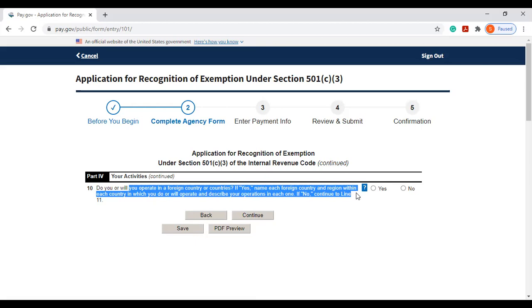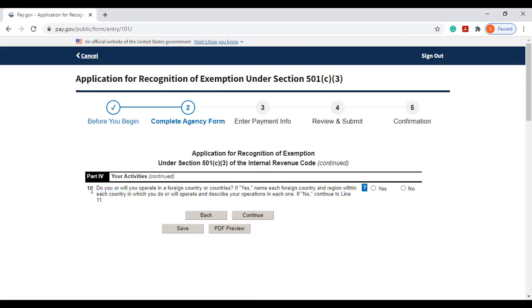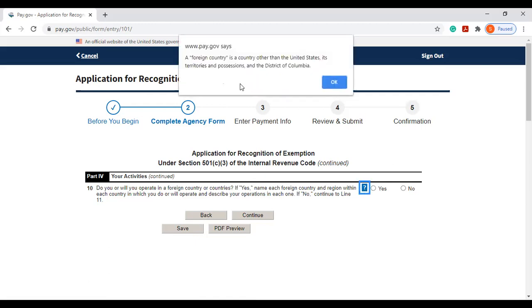If no, continue to line 11. So, I've helped people who started nonprofits in the United States in order to provide services in another country. So I'm going to click on a question mark to get more information. A foreign country is a country other than the United States, its territories and possessions, and the District of Columbia.